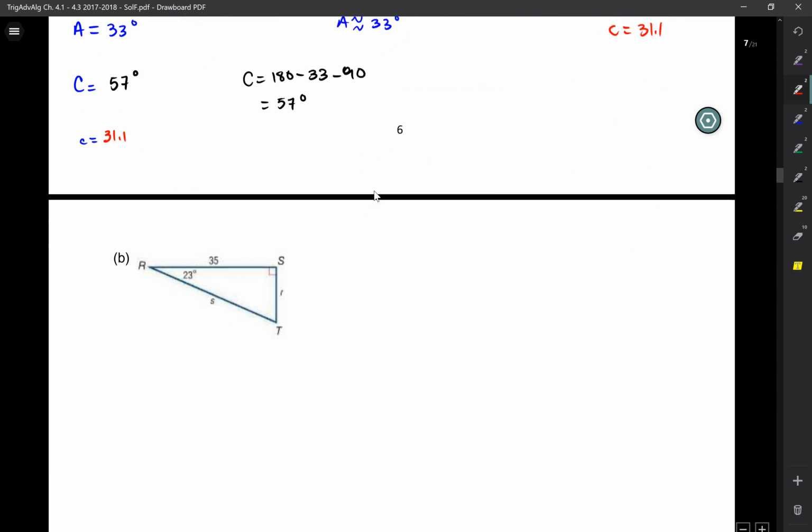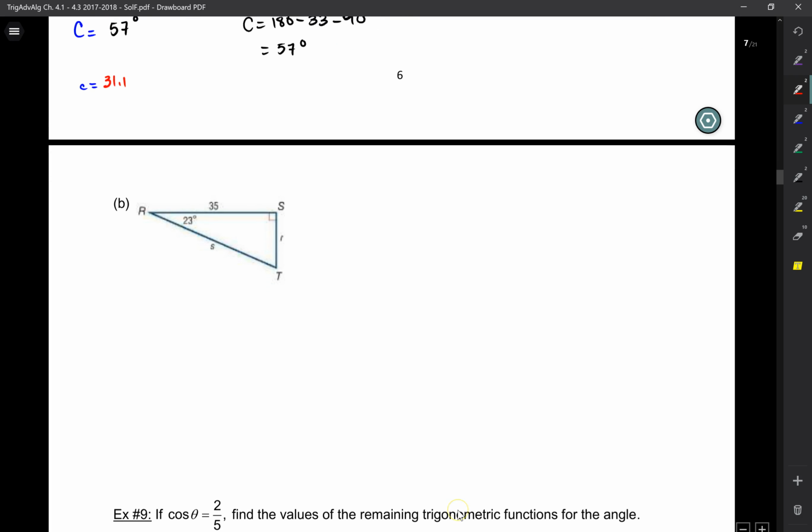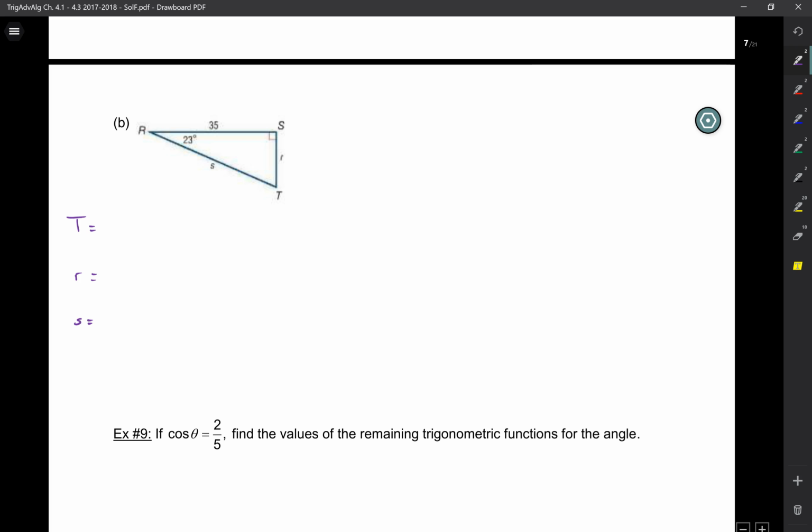Should we do one more, or are we okay with this? One more? Let's do one more. Okay. So, what we're looking for here is capital T, little r, little s. Can we find capital T very quickly?